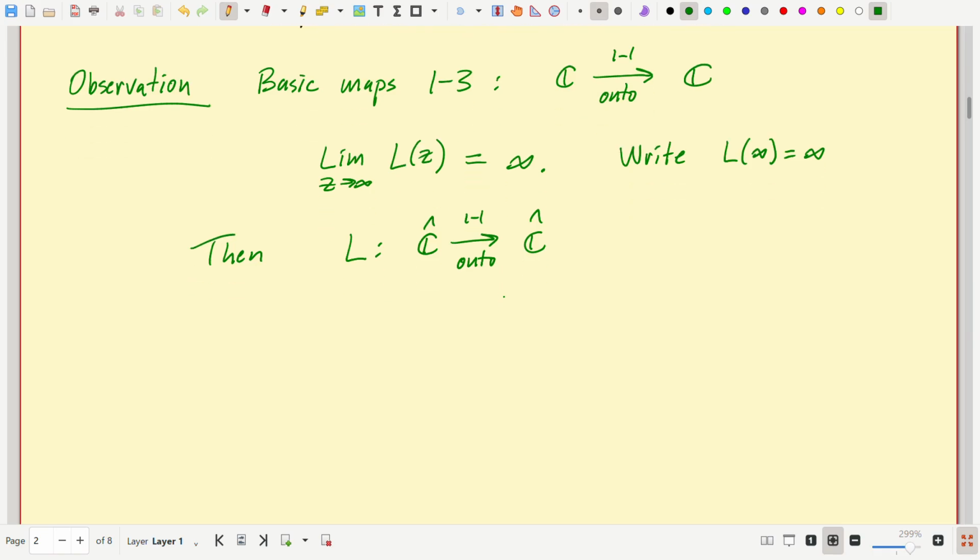Think about it like that. And now let's think about the basic map number 4. It's its own inverse. So L of z is equal to 1 over z. And the inverse is itself.